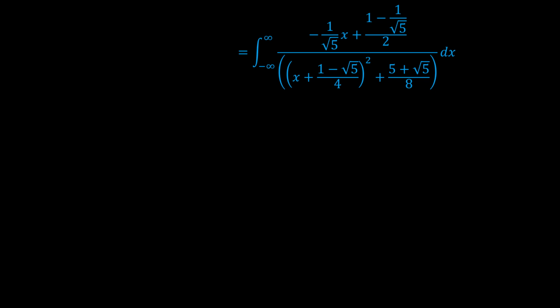Usually with such a substitution, if you have something like 1 over ax squared plus b, the trick is to let ax, assuming this is also squared, equal to root b tan theta.